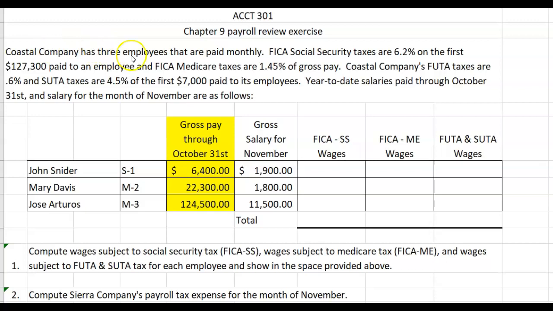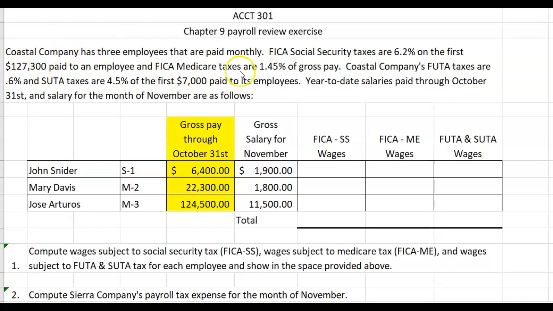Coastal Company has 3 employees that are paid monthly. FICA Social Security taxes are 6.2% on the first $127,300 paid to an employee, and that wage base can change. In this problem, it's given to you as $127,300.